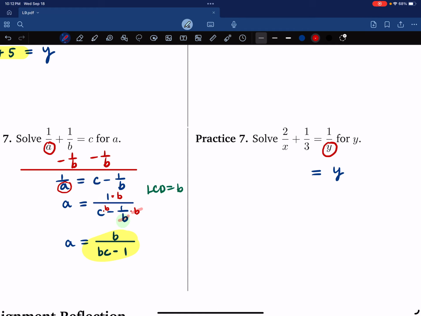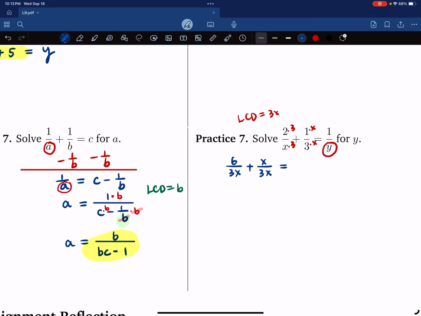The LCD of the left-hand side: we have 2 different denominators, so that means it's going to be 3x. So I'm going to multiply the first one, both top and bottom, by 3, and the second one, both top and bottom, by x. And this will give me 6 over 3x plus x over 3x, right?